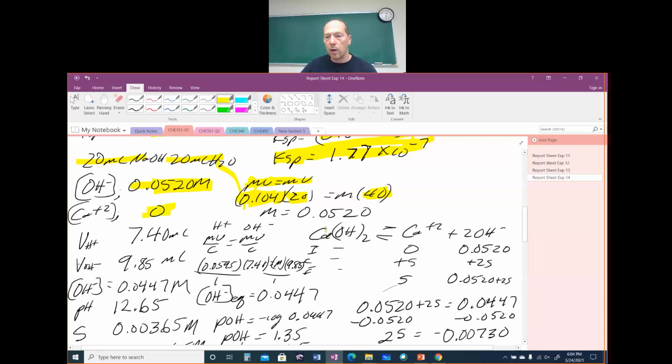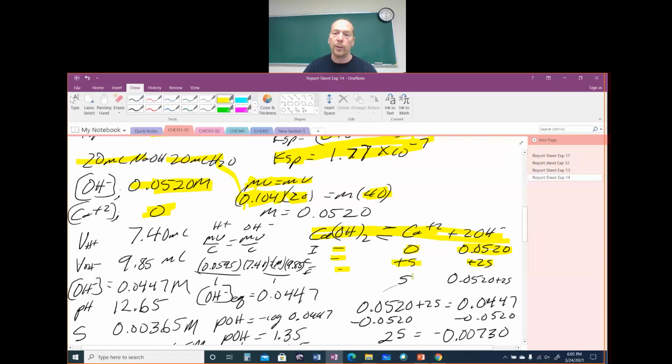And so if we go to our equation, our reaction here, all right, solid, we don't care about a solid, initial change equilibrium. Again, 0 for calcium plus 2, but 0.0520 for OH minus. Again, you can't have a 0, so it has to go to the right to form some calcium plus 2, all right, and plus 2S for your OH minus.